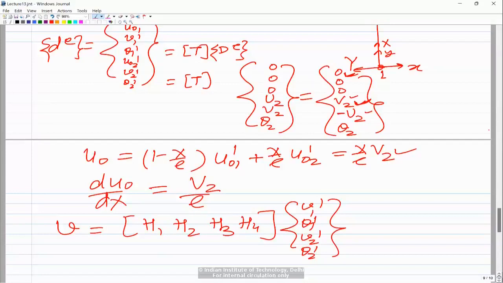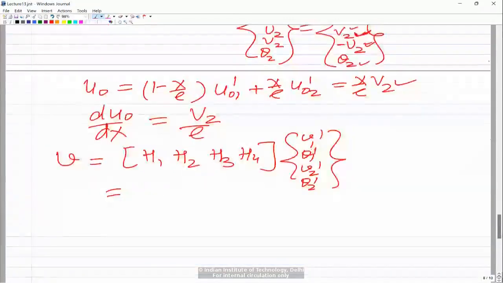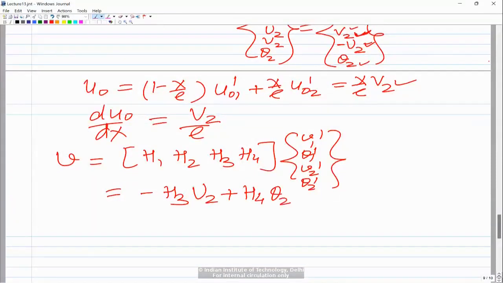Already we know that v1 and theta 1 are 0. v2 is minus u2, and theta 2 is this. So you will finally get, because v1 and theta 1 are 0, h1 and h2 go, and since v2 is minus u2, this will be minus h3 into u2, plus h4 into theta 2, the global degree of freedom.